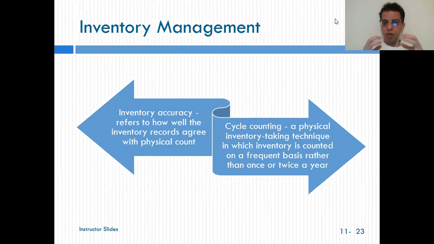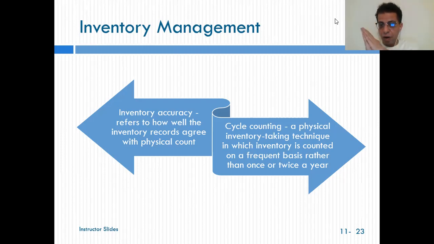So inventory management has two parts. One, inventory accuracy, which refers to how well the inventory records agree with the physical count. If the record says 100 and in the warehouse there is only 50, that's bad, you have to really catch up.